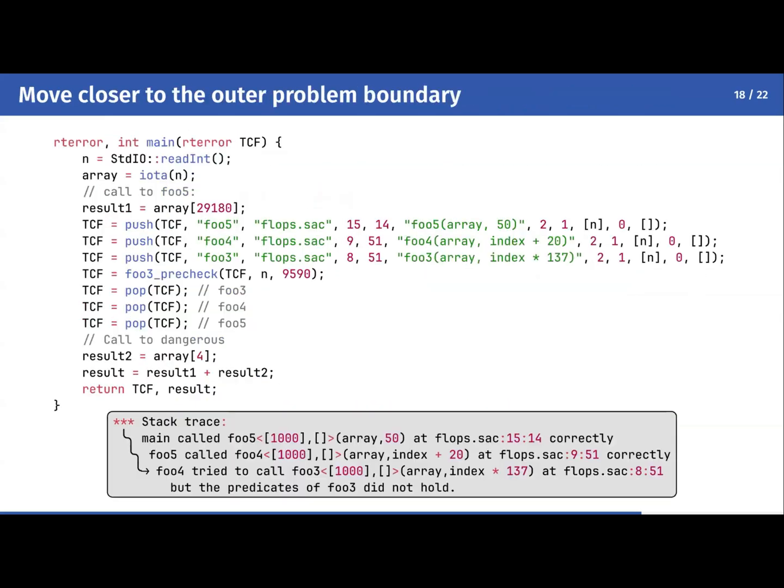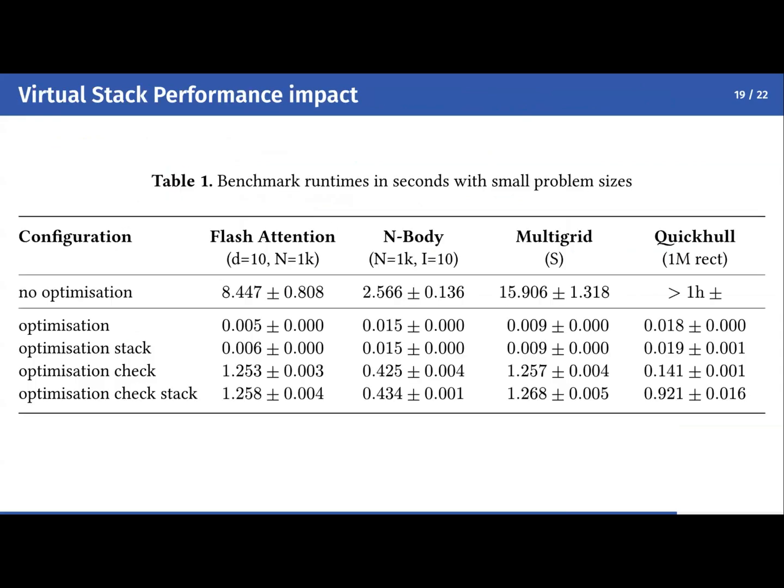And this optimization really makes it so that the overhead of this stack trace is very low. And the interesting thing here is that running the optimized version with the stack trace and the checks enabled is still faster than running the non-optimized version. That is the key point.